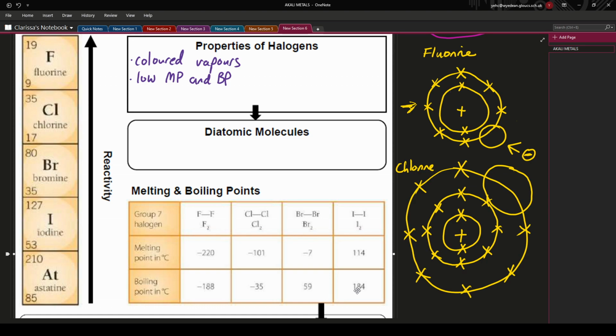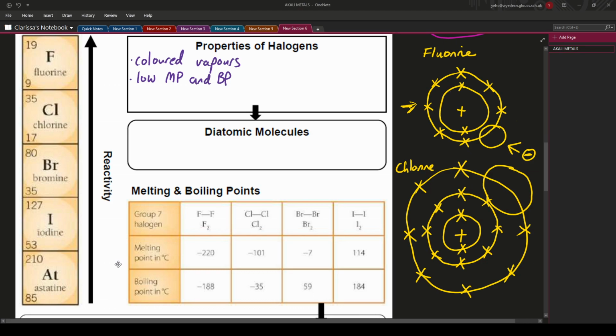Which ones are gases at room temperature? So bottom row, which ones of these are gases at room temperature? Spot on. Once again, Ruben, well done.